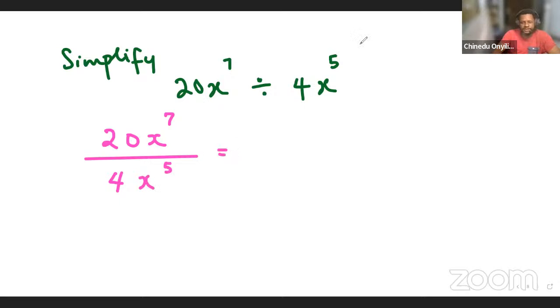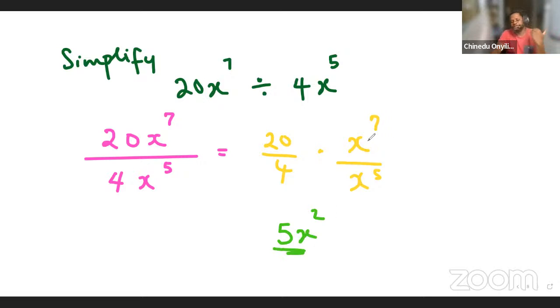We can separate the 20 and the 4, and also separate x to the power 7 divided by x to the power 5. Obviously, 4 into 20 will give you 5, and x to the power 7 divided by x to the power 5 will be x to the power of 2. Remember, when dividing powers with the same base, you subtract the powers. So the answer is 5x to the power of 2.